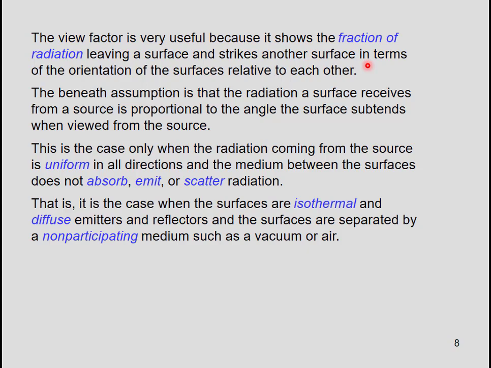In terms of the orientation of the surfaces relative to each other, as I told you, radiation is dependent on the orientation of the surfaces. The main assumption is that the radiation a surface receives from a source is proportional to the angle the surface subtends when viewed from the source.